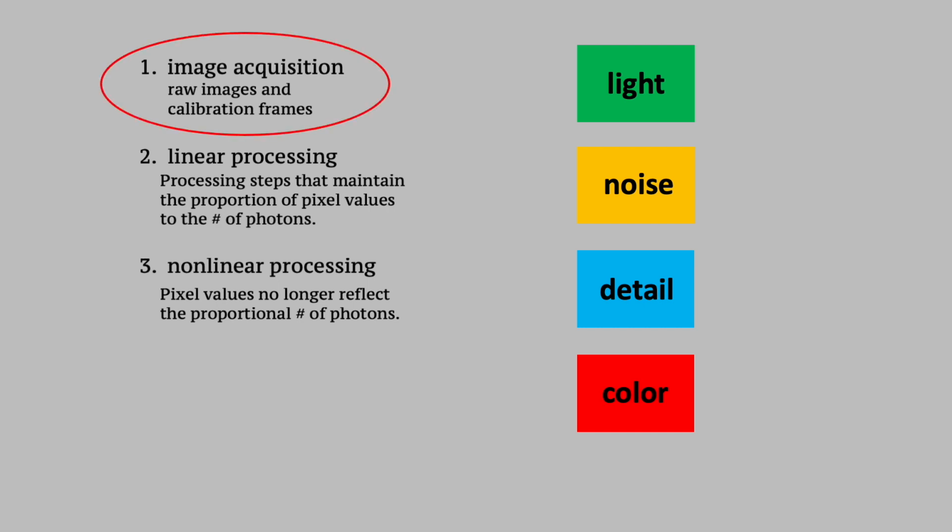Let's talk first, as we should, about image acquisition, just really quick. So in image acquisition, at SPARQ we have our regular LRGB filters: luminance, which is the entire visible spectrum, red, green, and blue, red being lower energy, green in the middle, and blue high energy.